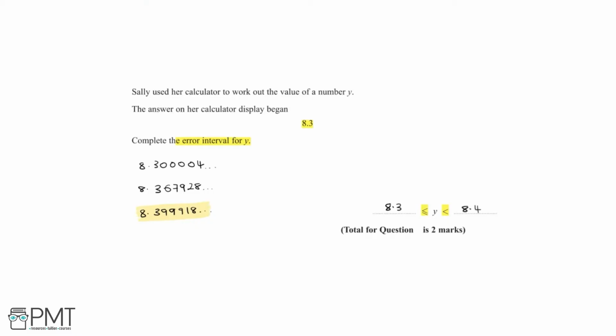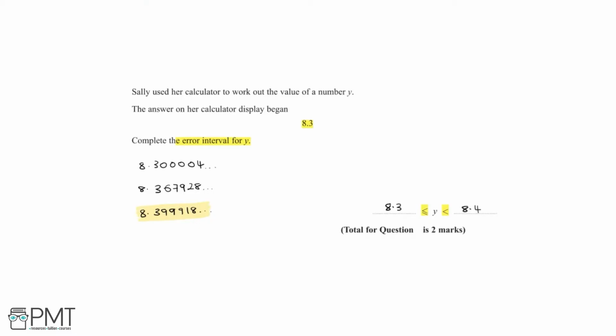Because we have a less than symbol, y is less than 8.4 but doesn't include 8.4. This means y can be 8.39 recurring, since this is still less than 8.4, but y cannot be equal to 8.4, which is exactly what we want, because 8.4 does not begin with 8.3.